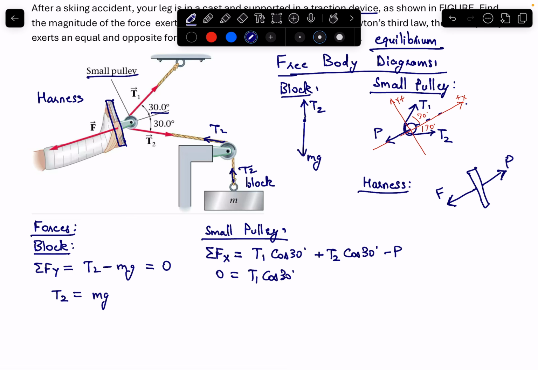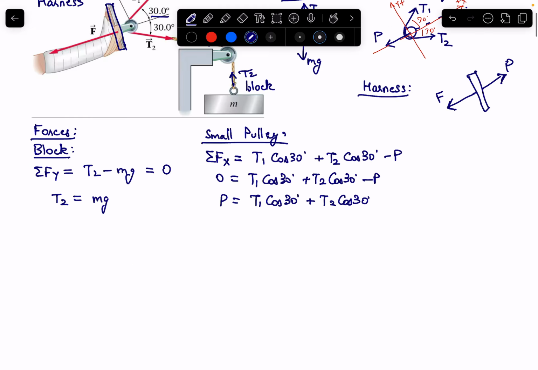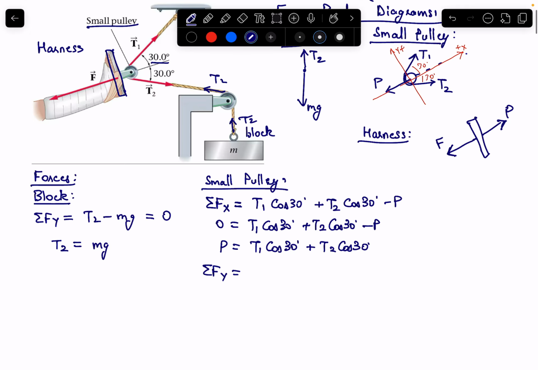T1 cosine 30 plus T2 cosine 30 minus P. So P is equal to T1 cosine 30 plus T2 cosine 30.